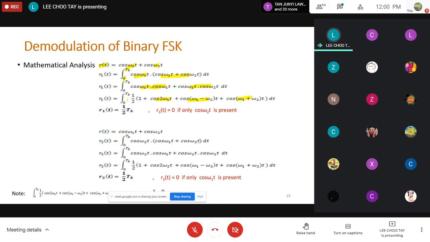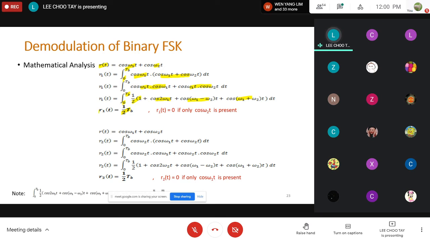And we integrate this over the bit duration. And if the incoming signal is actually omega 1, then what you have is this one, and when you perform integration, it will give you half of TB.